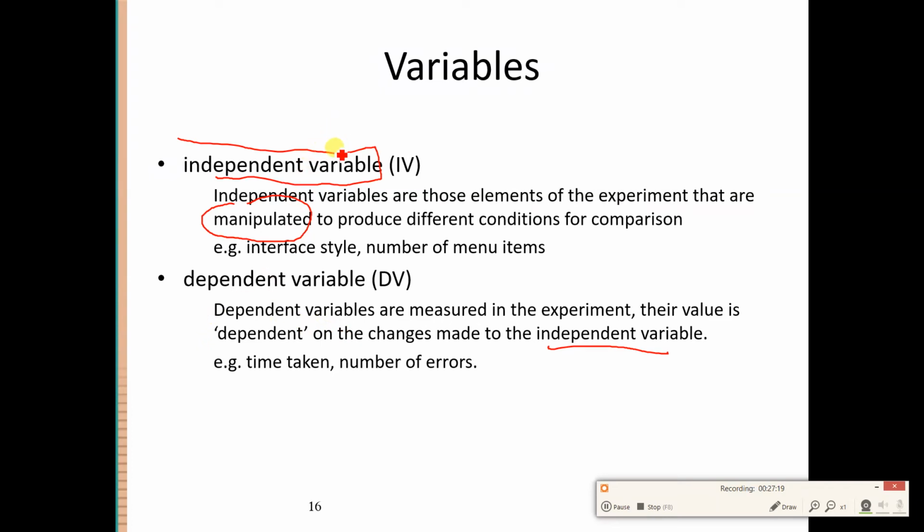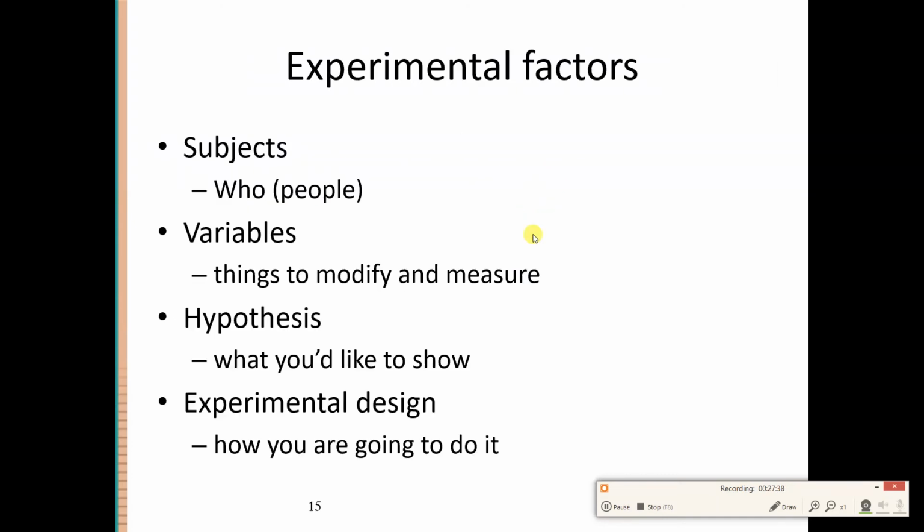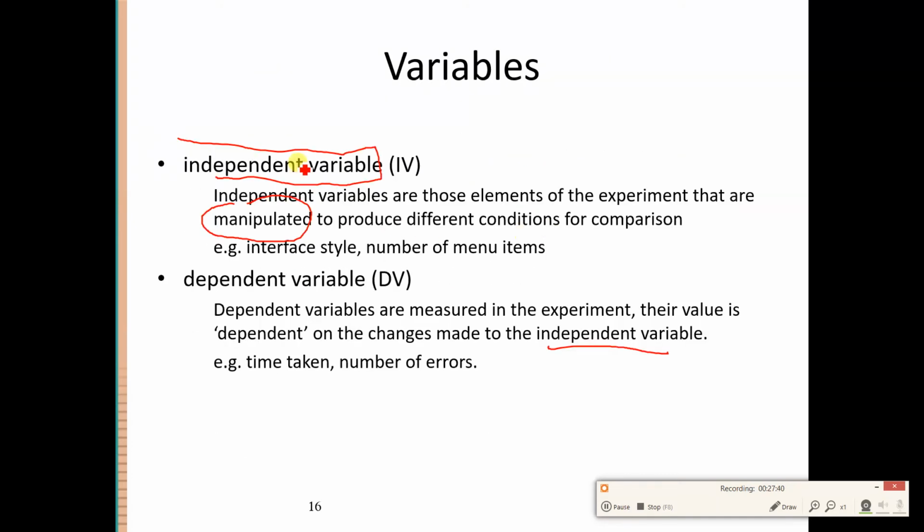Because we are not modifying the dependent variable directly, but it is going to be affected by modifying the independent variable. So error rate in the example is a dependent variable, and this is the independent variable. Because we are modifying the independent variable, which is the font size, it is going to change the error rate, which is the dependent variable.